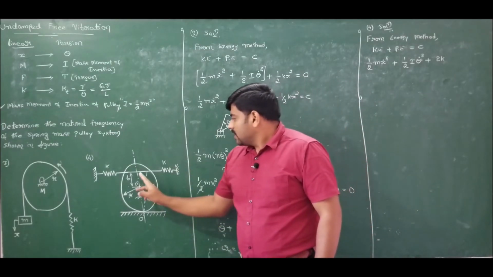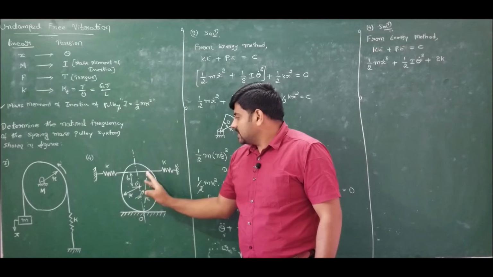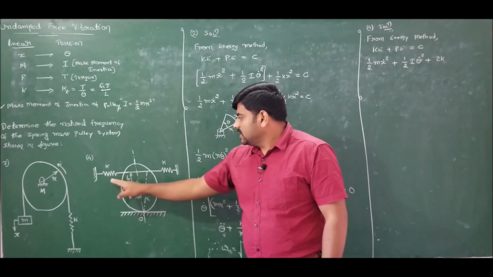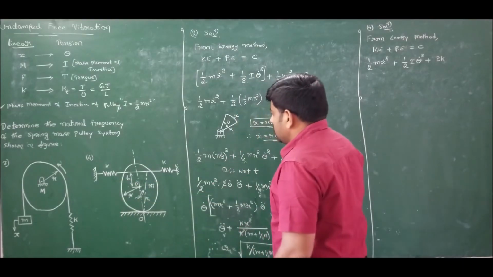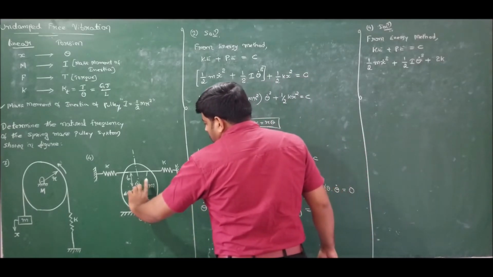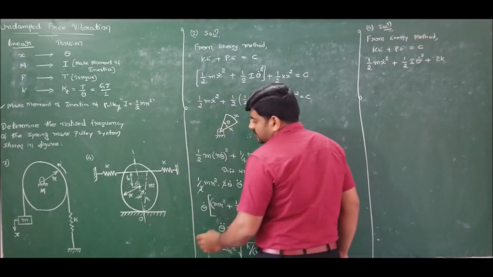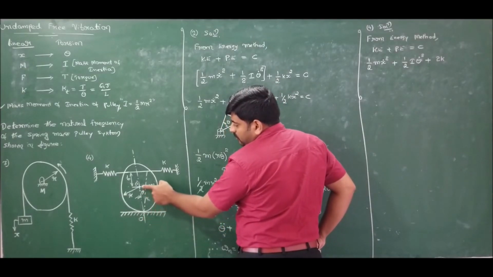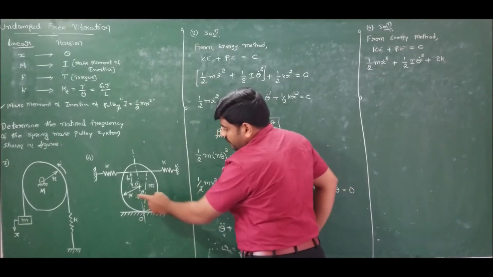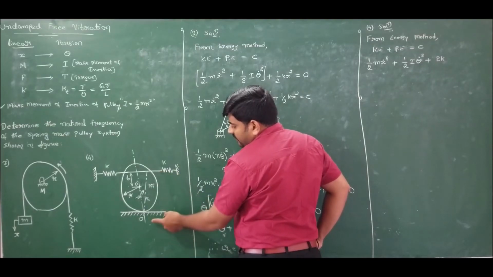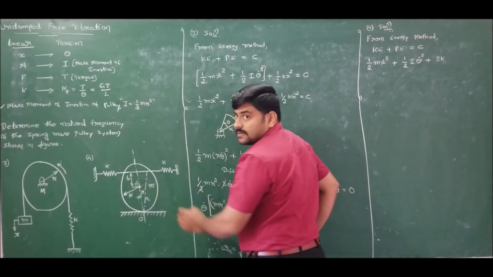And what is the deflection? In order to avoid confusion, let me take it as y. This is because the distance from the fulcrum, the fixed point O, to the center of the pulley is r, whereas the distance of the springs from the fixed point O is not r, it is r plus b, correct?